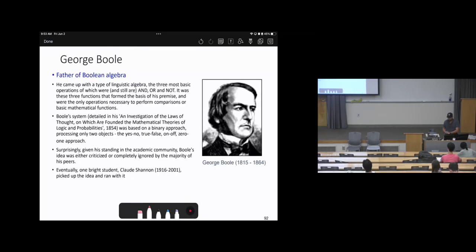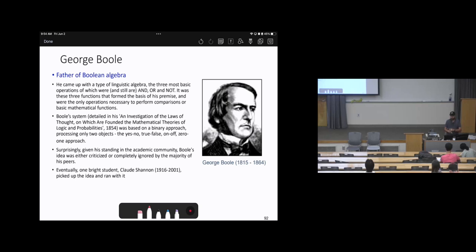Algebra in the binary systems was created by a scientist called George Boole. That's why the algebra in digital logic is called Boolean algebra, in honor of George Boole. He had an idea to create expressions using the AND operator, the OR operator, and the NOT operator as well.